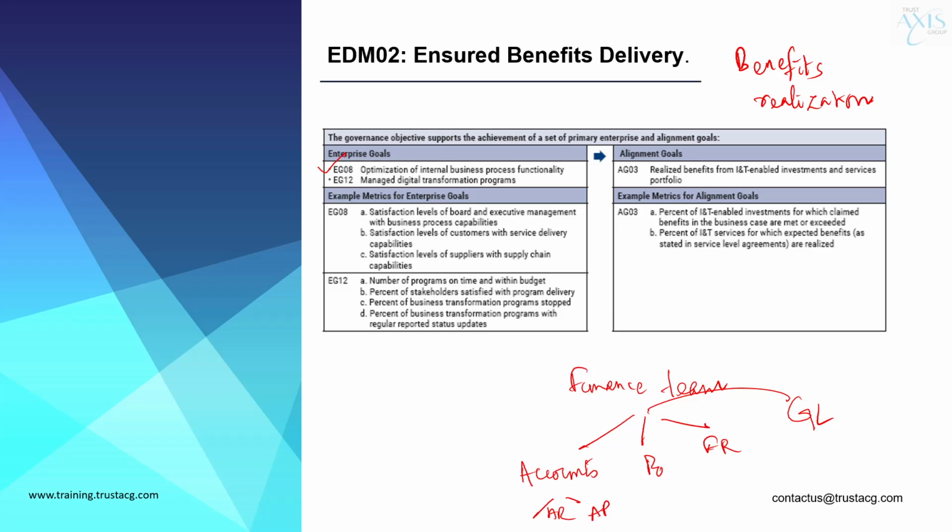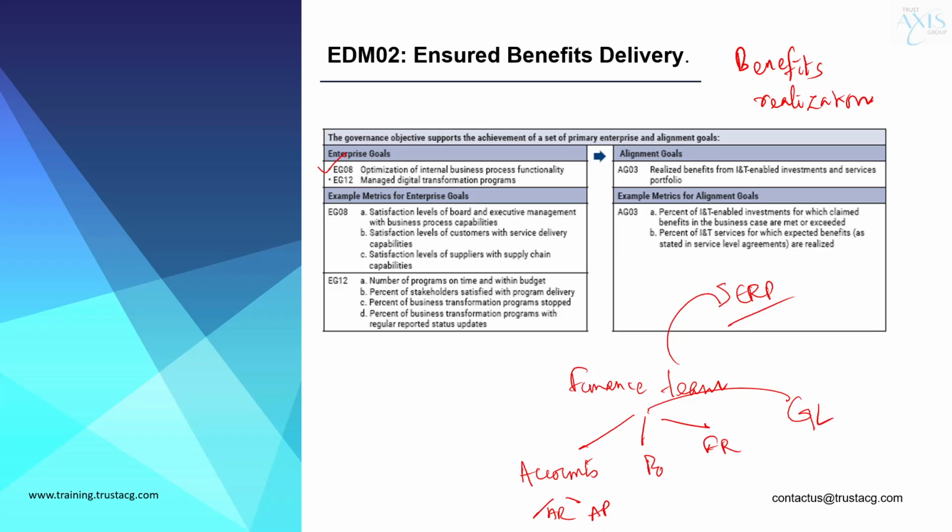These business processes depend on an enterprise resource planning application that is enabled through IT, right? How your business processes are operating because you have invested in an IT enabled process, and how effectively and efficiently it is operating, is the goal that this governance objective is trying to achieve.